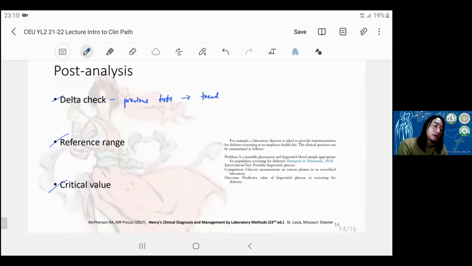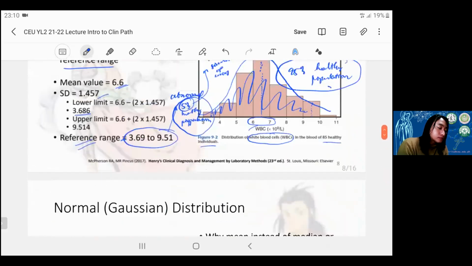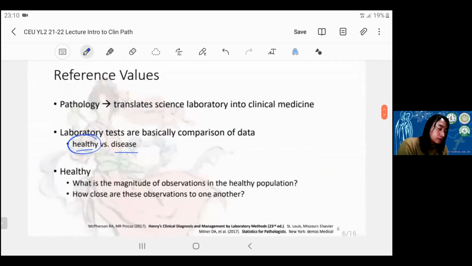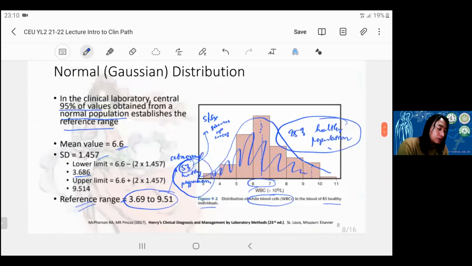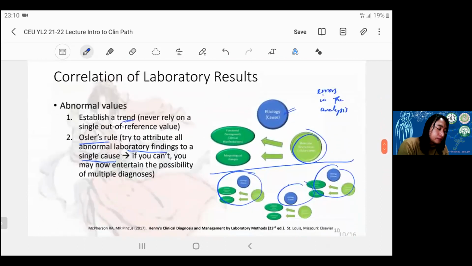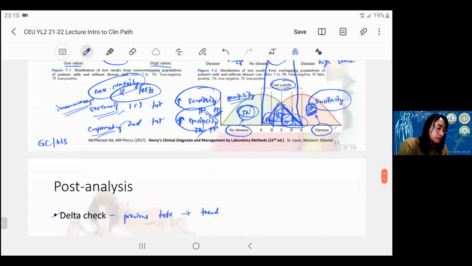And again, this trend would, as mentioned before, correlate your laboratory test values with the clinical signs and symptoms.